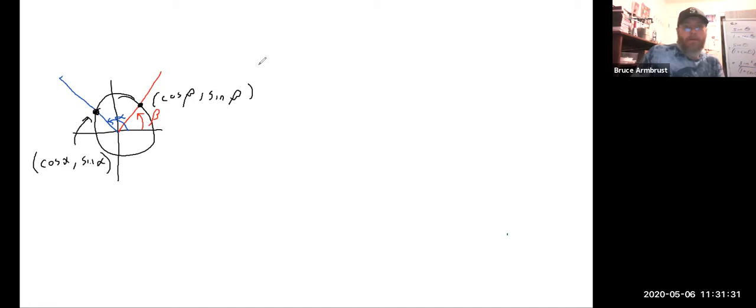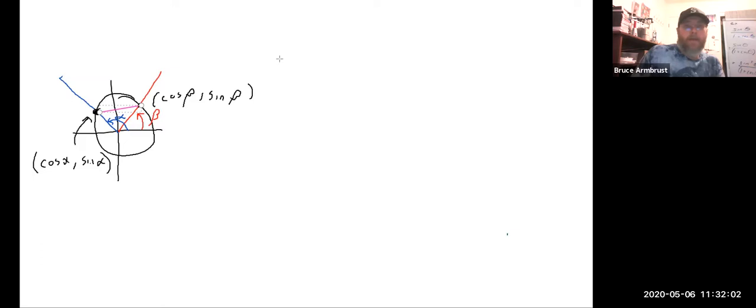Well now what I'm really interested in is not those two points, but the line segment that connects those points. See that pink line right there? Let's find the distance for that length.